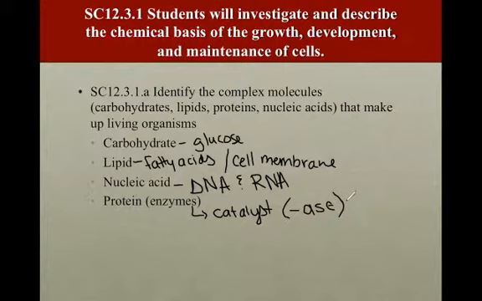So the one in anatomy and physiology we just got done talking about is acetylcholinesterase. It breaks up acetylcholine. Acetylcholine is the neurotransmitter that your nerves produce to get a muscle to contract. And so they have to break it down so there's not a constant muscle contraction, and you do that with acetylcholinesterase.